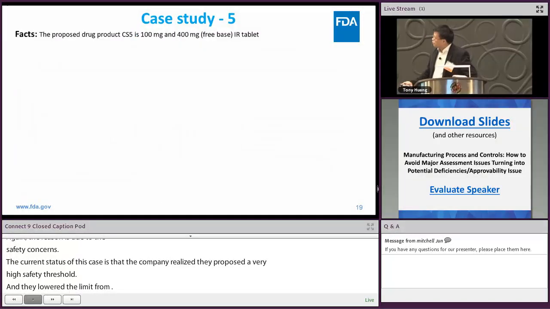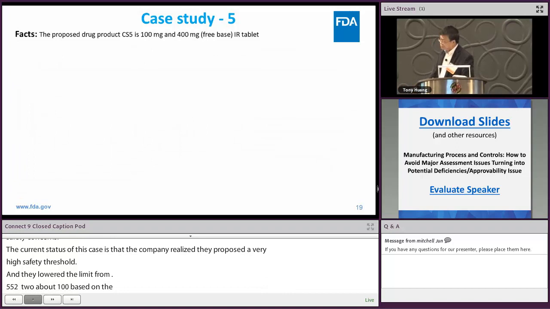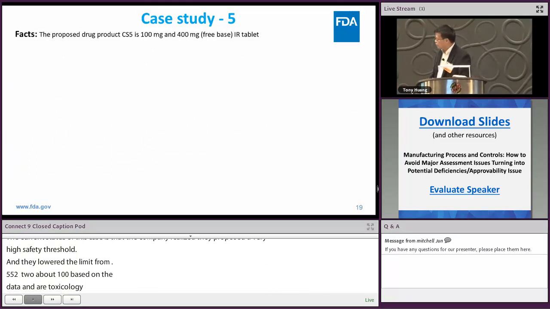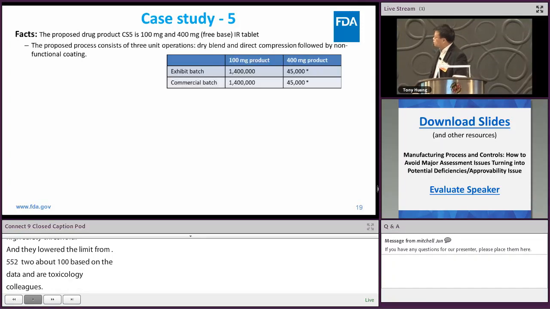For case study 5, this one is an IR tablet of 2 strengths. You can see that it's manufactured by a dry blending and direct compression process. There is a non-functional coating.